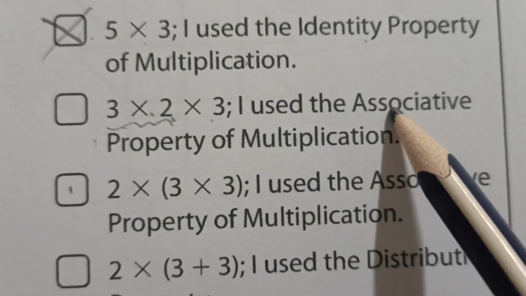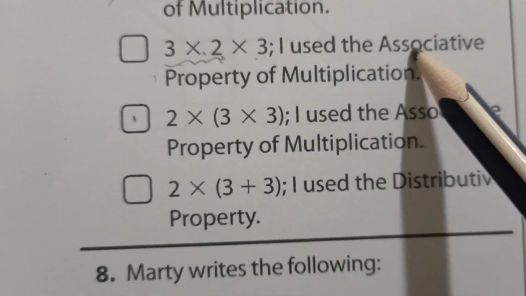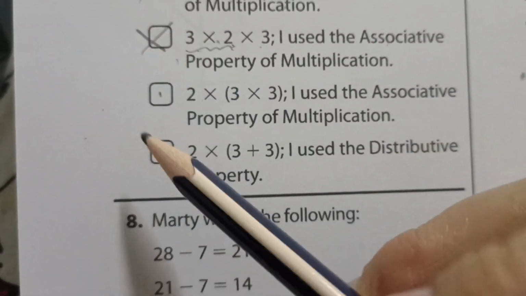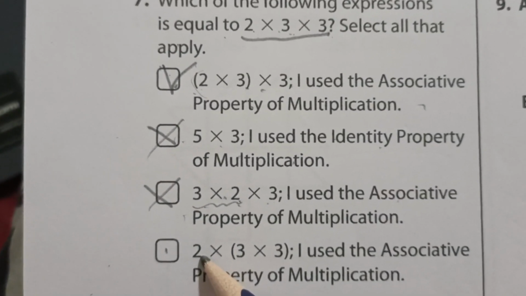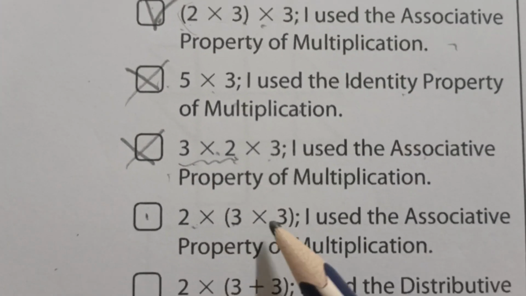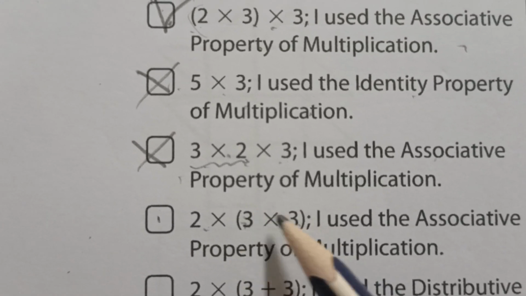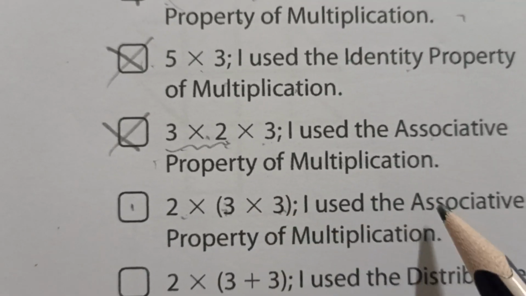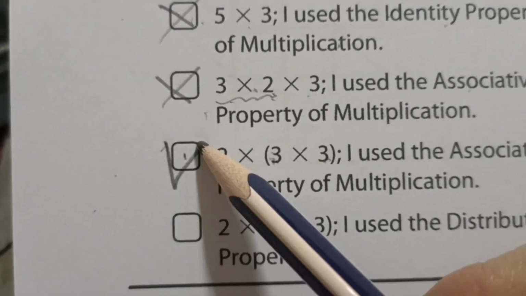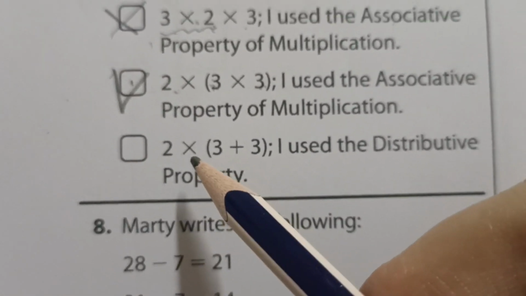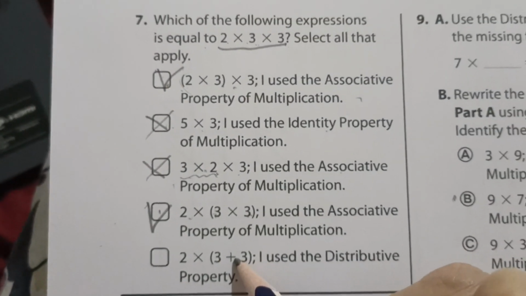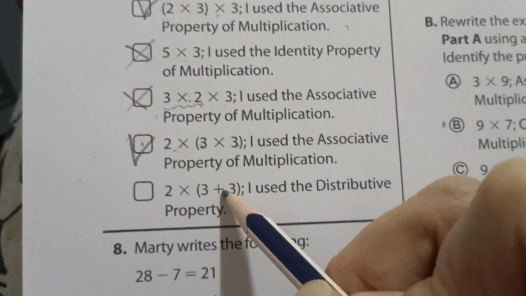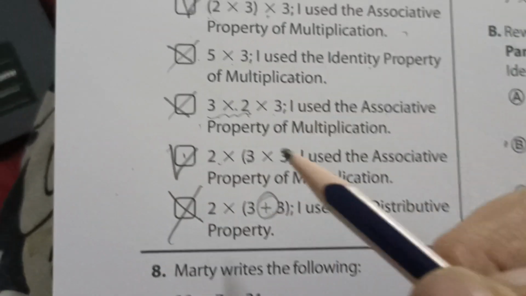But here it's written that this is the associative property, and it's not, so it's not correct. Here you can see the same equation, but the second and third are grouped, so this is the associative property, yes. And here you see the same, but you see plus. We cannot use plus here. Be careful, this is plus, so this is not good.